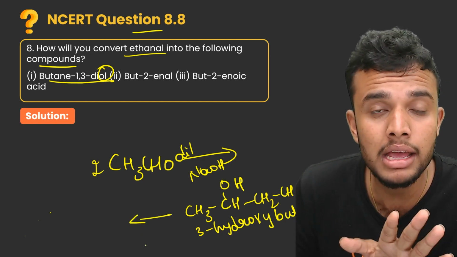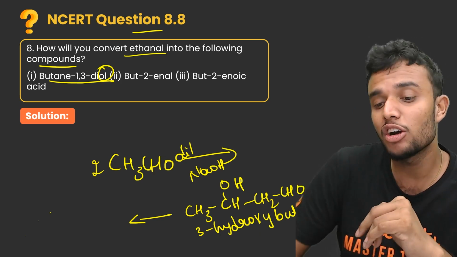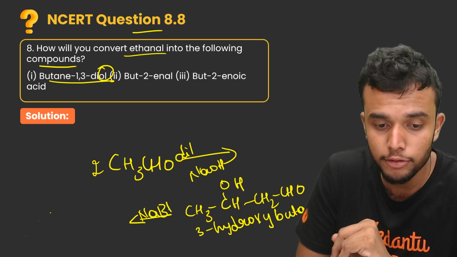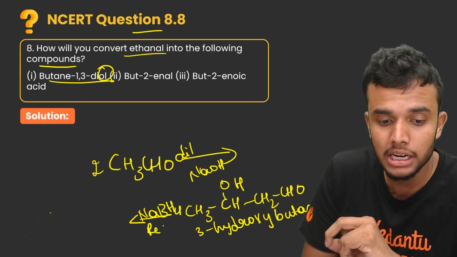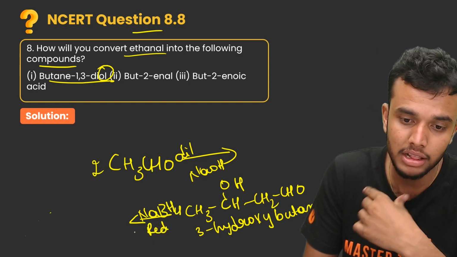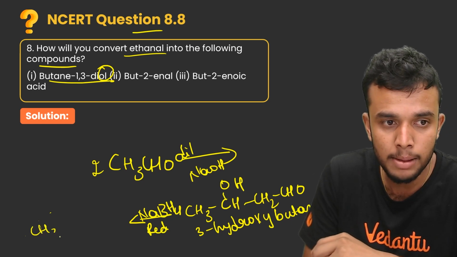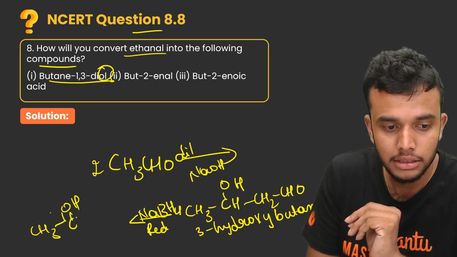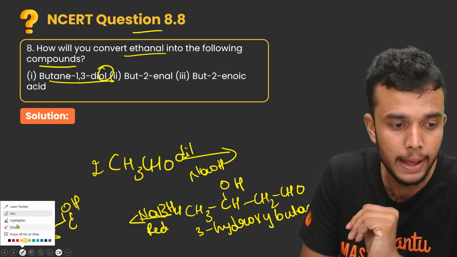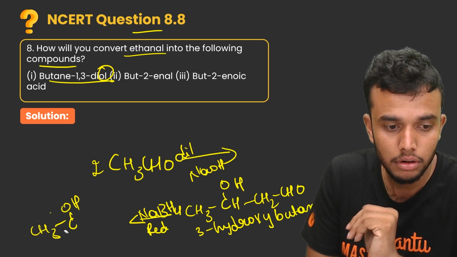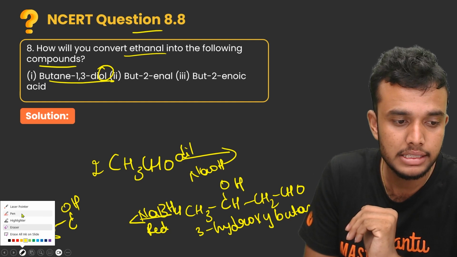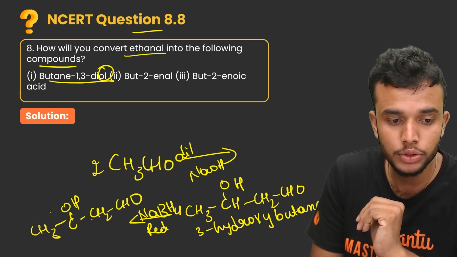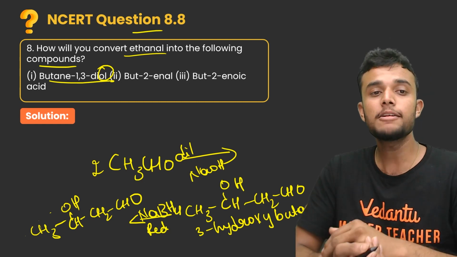Next step is a very easy step. 3-hydroxybutanal undergoes reduction in the presence of NaBH4, NaBH4 reduction, to yield 1,3-diol. Butane-1,3-diol: CH3, CHOH, CH2, CH2OH. Understood, students? Understood the reaction? Let's move on to the second one.